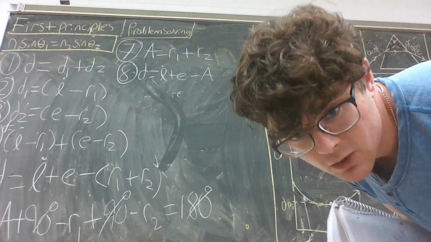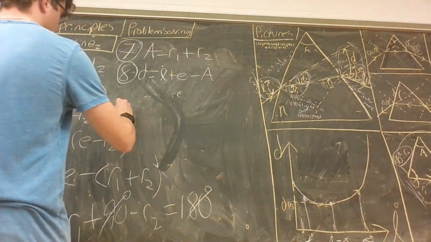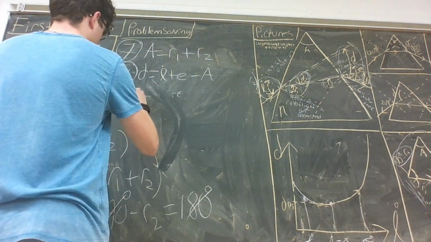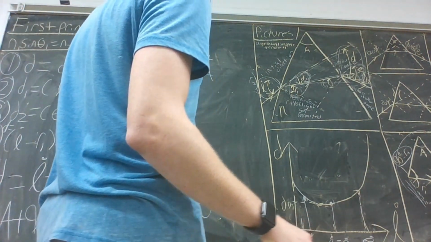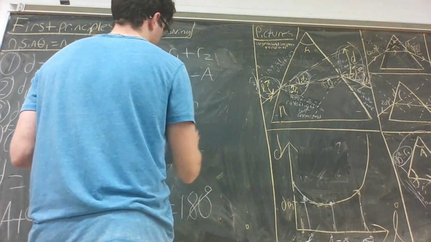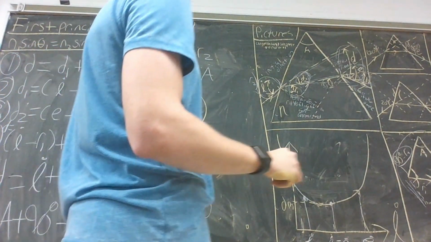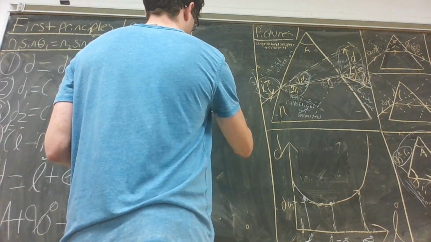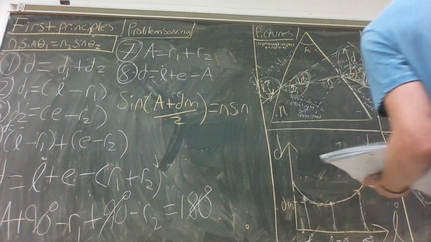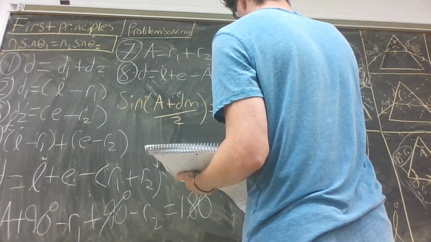So this is sine of A plus dm over 2, and this is equal to n sine A over 2.